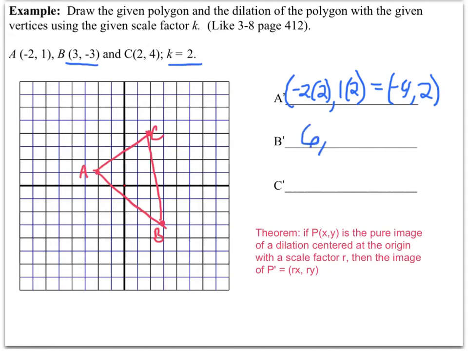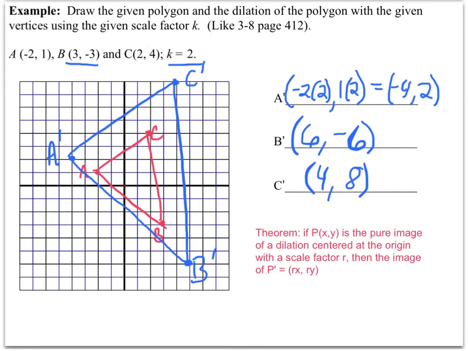So I get 6 and -6 for B prime, and C prime is 4, 8. Lastly, I just have to represent this on the graph. Plotting A prime, B prime, and C prime, I drew out my image, and you'll notice that it is an enlargement of our original ABC, the original triangle.